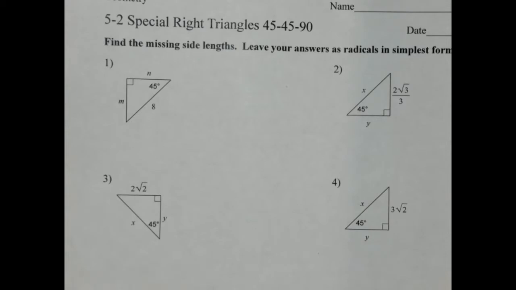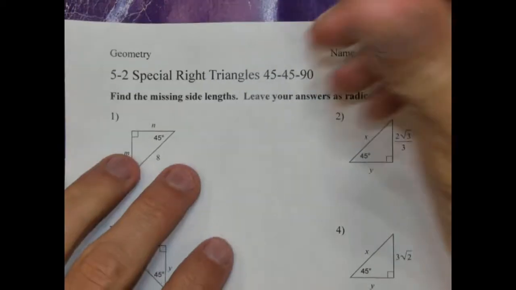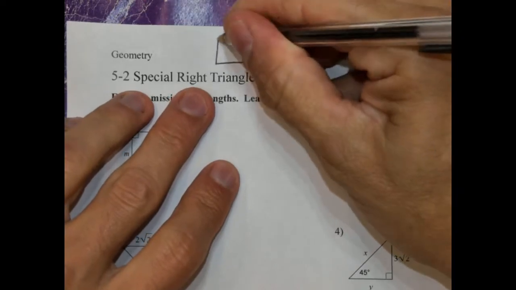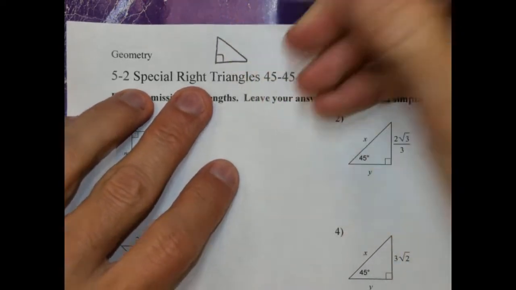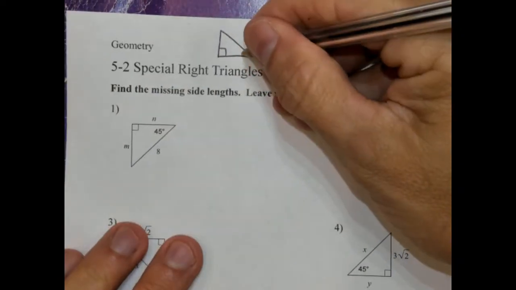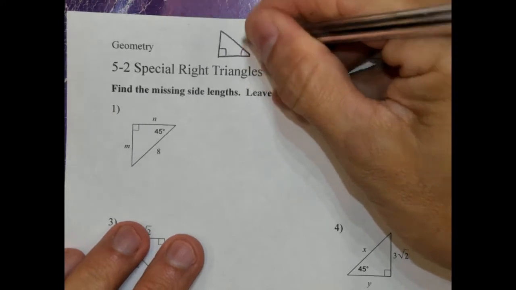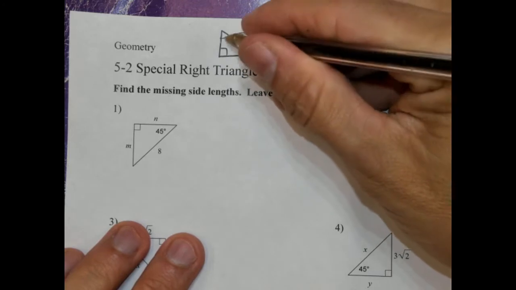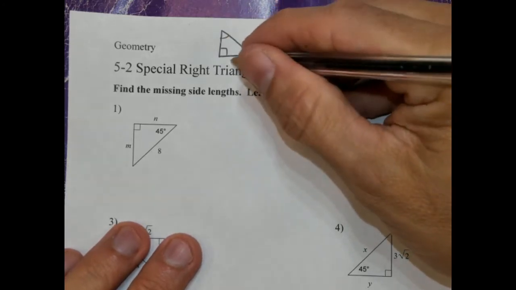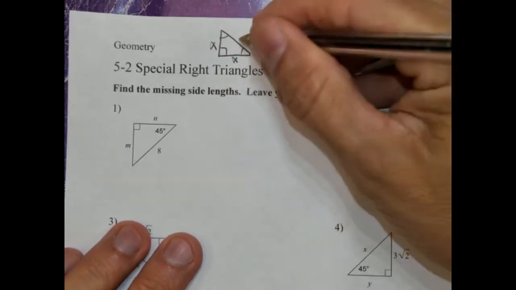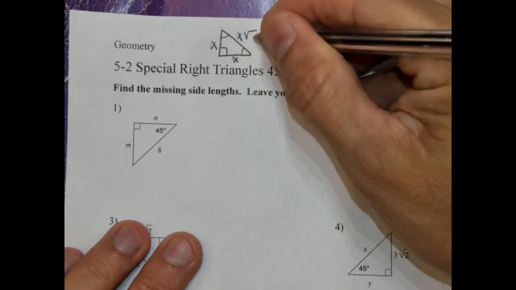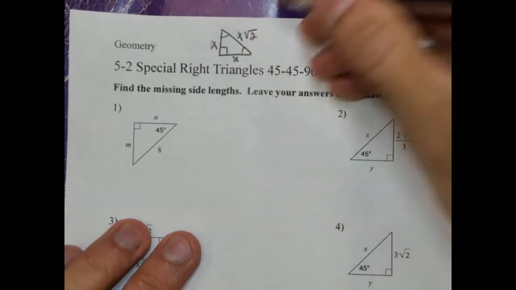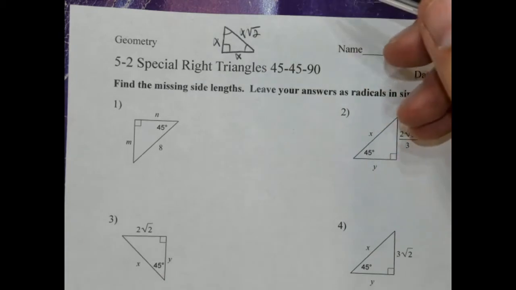To remind everybody, the formula for the 45, 45, 90 degree triangle is going to be as such, and I'm just going to use X to represent the length of the leg in this case. You'll notice that I'm drawing these arcs here. I'm not writing 45 and I'm not writing 45. I'm doing that because oftentimes these problems that occur in standardized testing involving special right triangles won't tell you it's a 45, 45, 90.